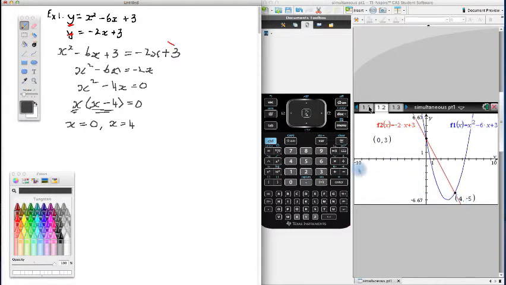Now we've got to find the corresponding y-coordinate. So all we've got to do is put these two back into either equation 1 or equation 2. Now I noticed that equation 2 is more simple, so I'm going to use equation 2. So finding the y when x is 0, equation 2 has minus 2 times 0 plus 3, and that will give me 3.